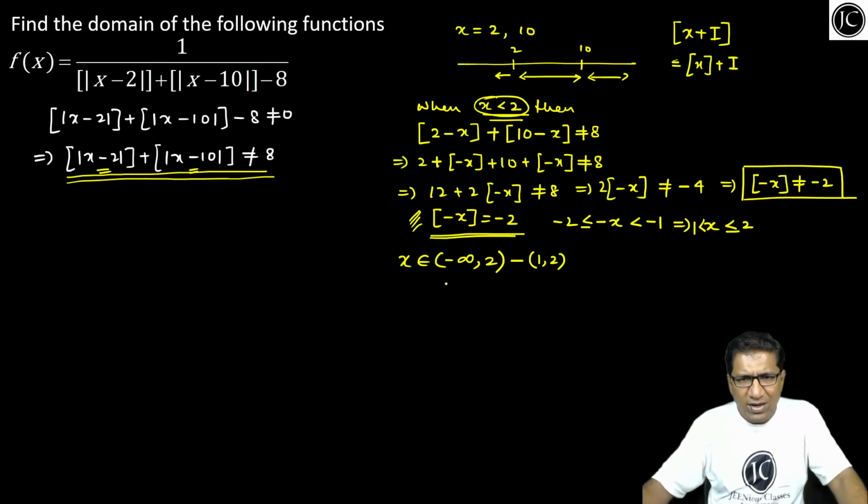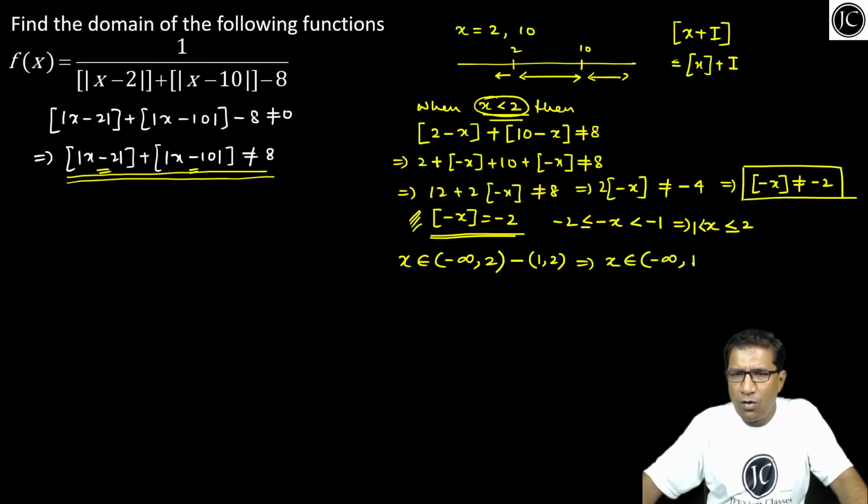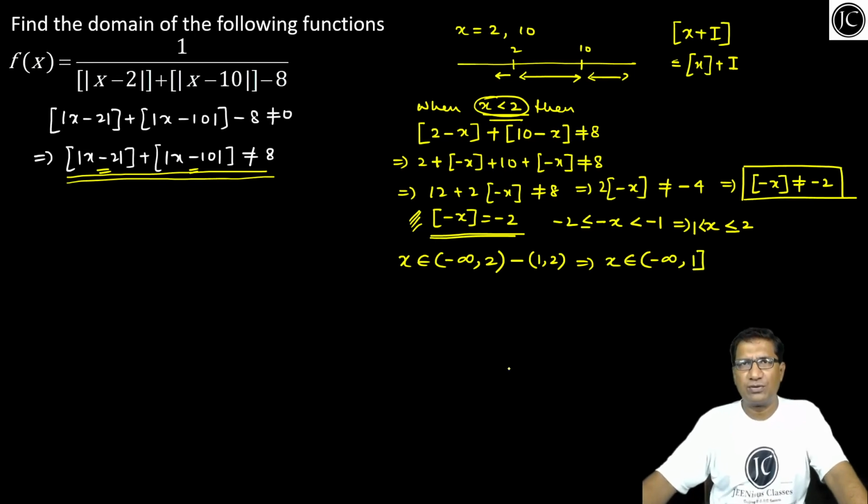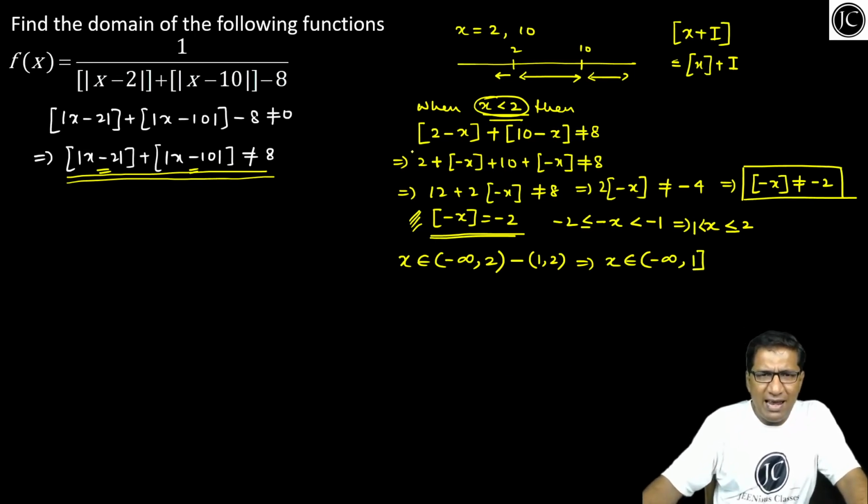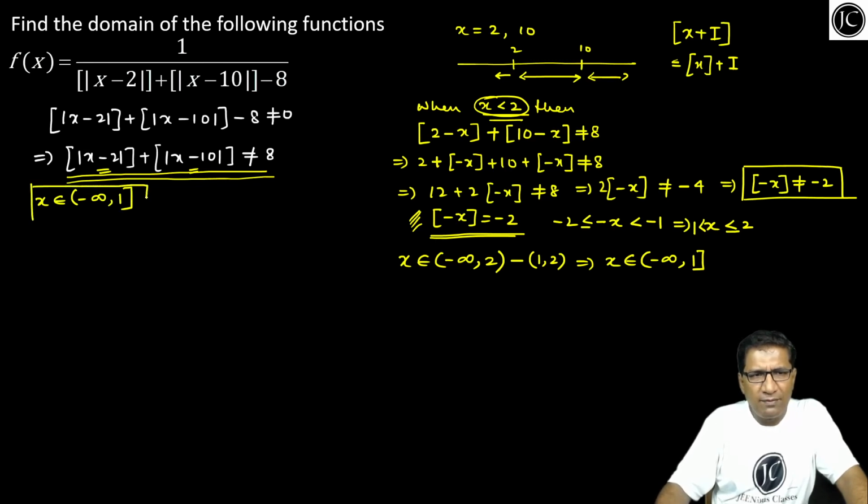Okay? So इसको हम लोग ऐसे भी लिख सकते हैं कि भाई x is lying between minus infinity to 1 closed. Is it clear? So क्या मिला? फर्स्ट कंडीशन से मुझे मिला, हम यहां पर कंडीशन लिख के रख रहे हैं कि x belongs to minus infinity से 1 closed.